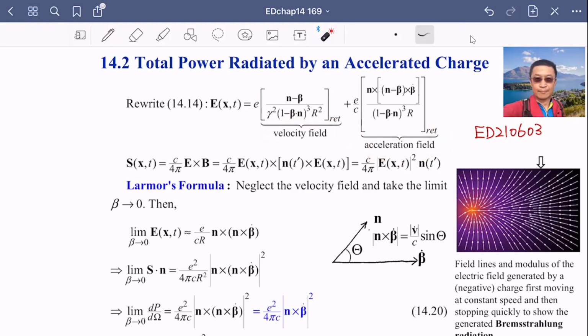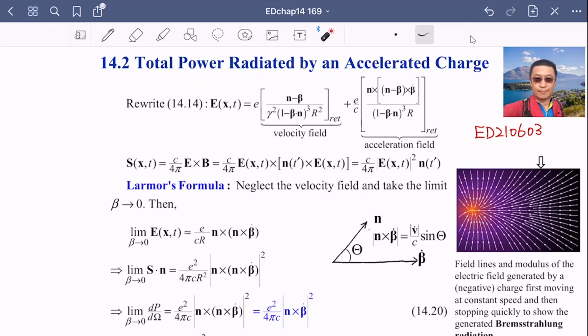Today, we will consider the total power radiated by an accelerated charge, or decelerated charge.